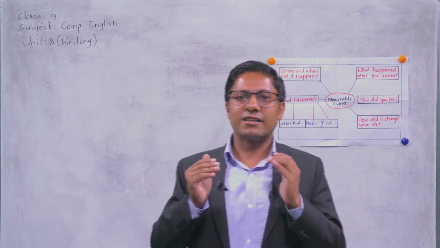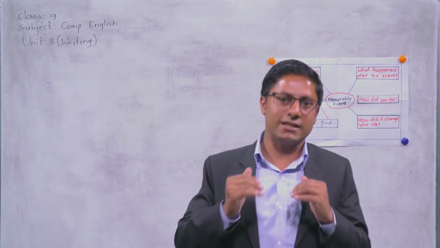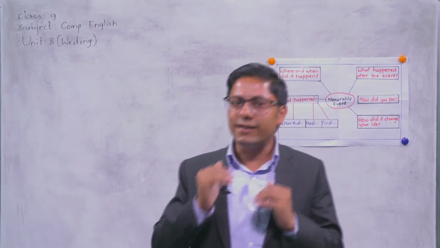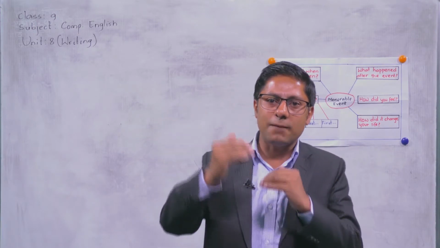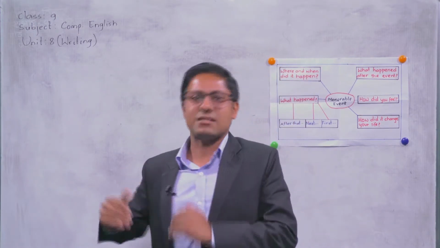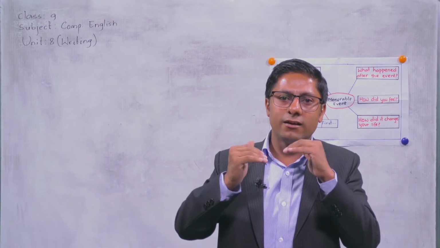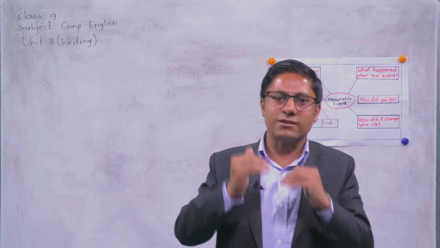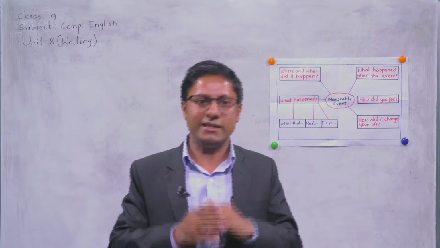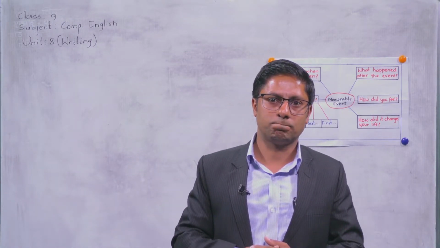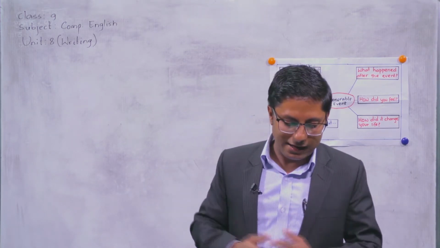You have to keep them in chronological order. When we say chronological order, it's related to time: which happened earlier, which happened next, and after that, what happened. So it's the order of the events. You have to keep the events in order according to the time they took place. I think you got it. Now, you put those points into a paragraph.